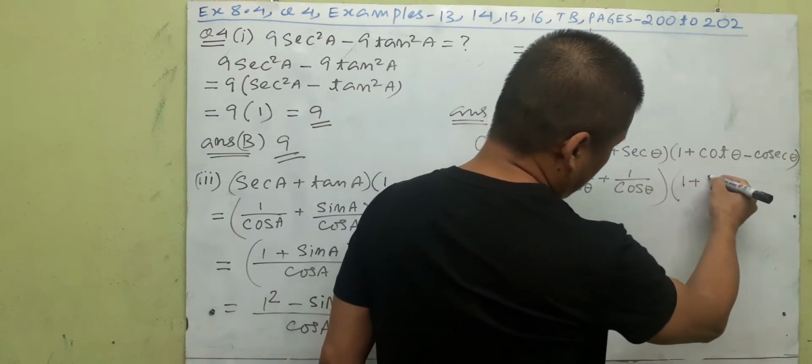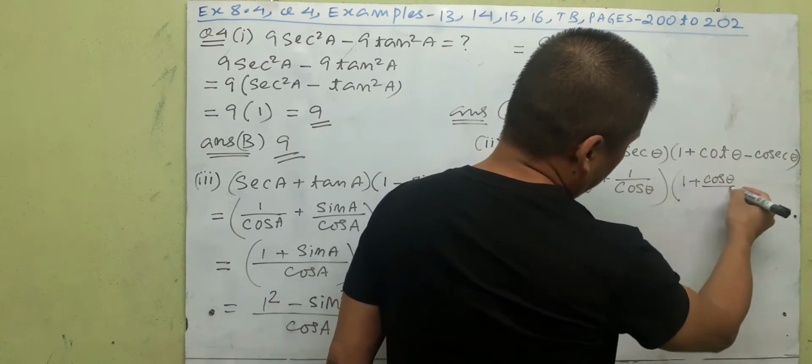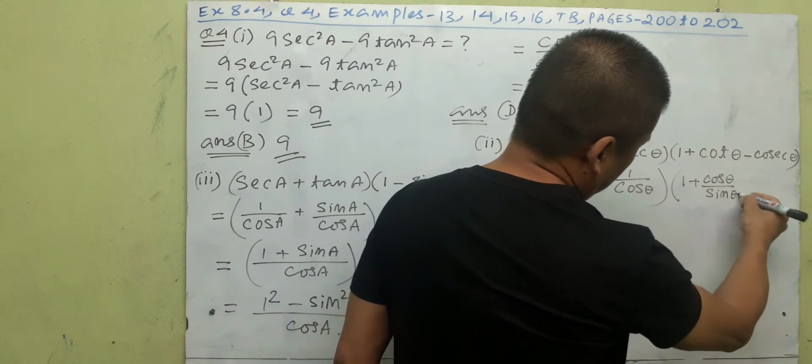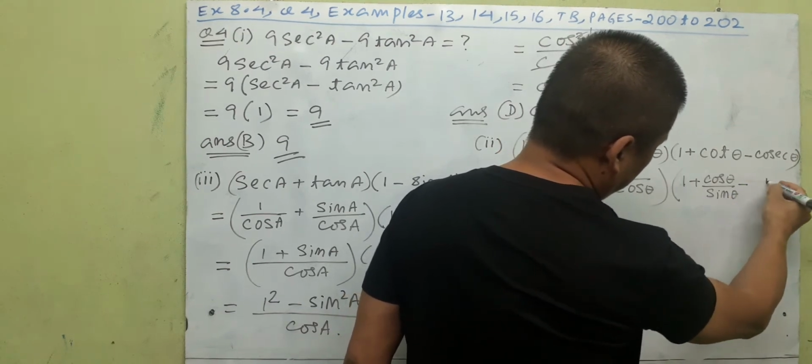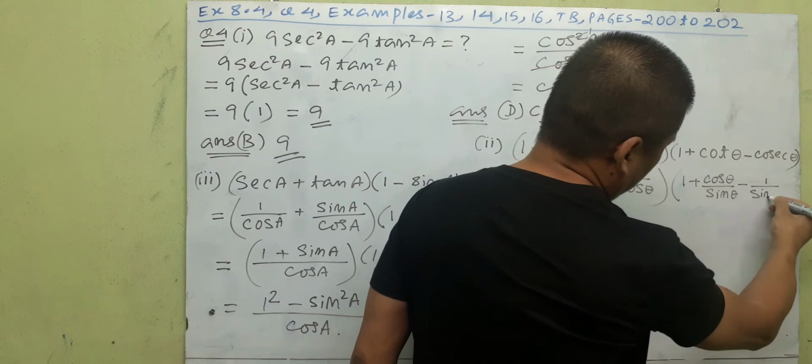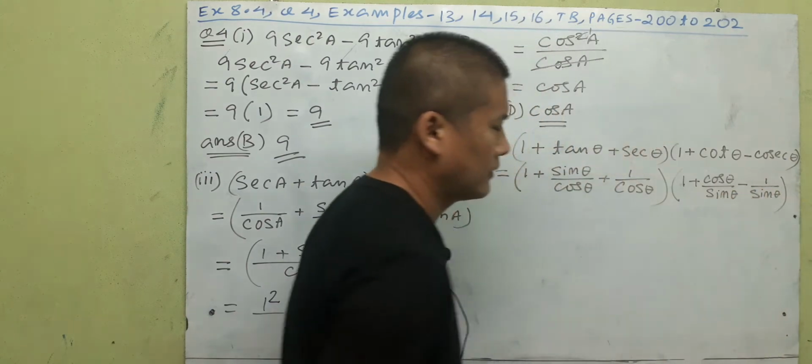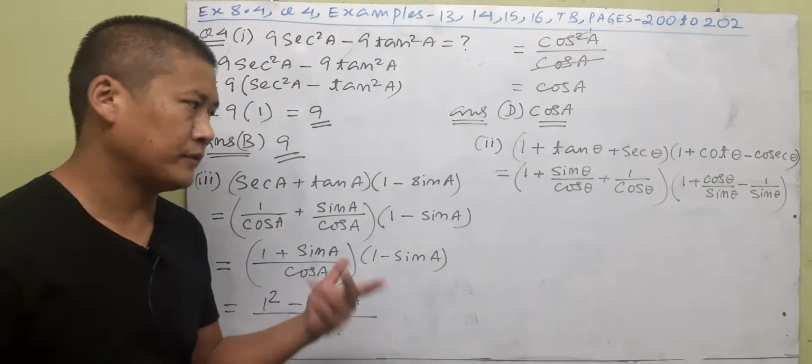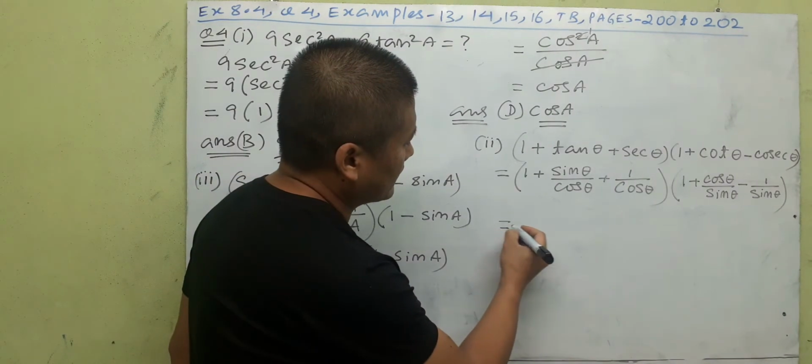Now, having done that, let us do the similar thing with the next one. 1 plus cot theta can be written as 1 plus cos theta by sine theta, minus cosec theta can be written as 1 by sine theta. Okay, let's do this carefully. It's just a matter of simplifying it carefully.